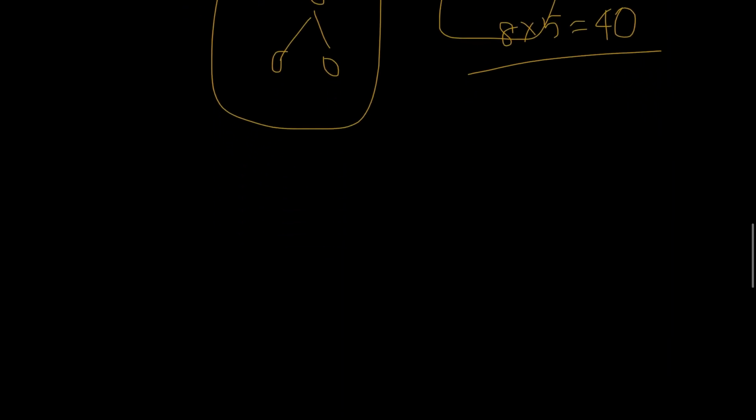But what if this is not a binary tree and it is an n-ary tree? That is, it can have any number of children. For example, let's take a smaller tree at first. One, then two, three, and four. So this is a tree and it has three children.